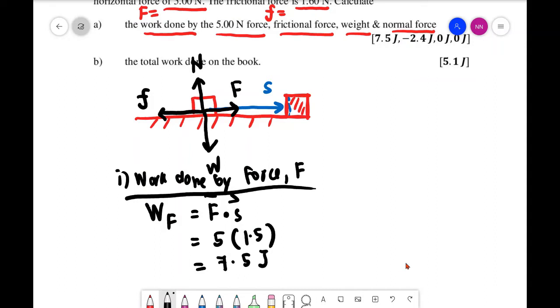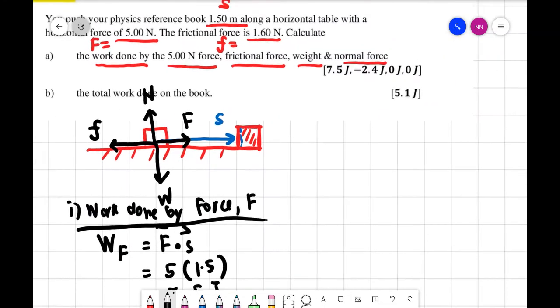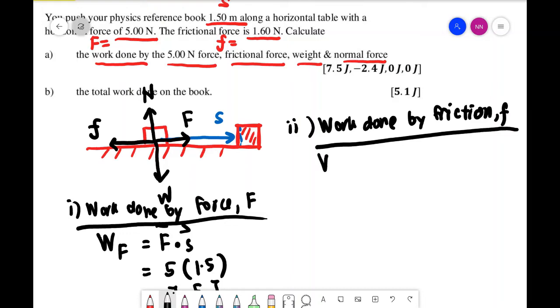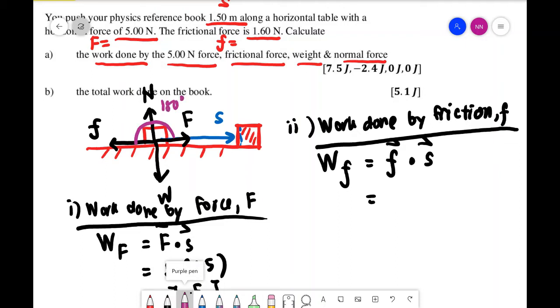And then work done by the frictional force. Work done by friction is friction dot displacement. Friction is in the opposite direction of displacement, or we can say the angle between the friction and the displacement is 180 degrees.